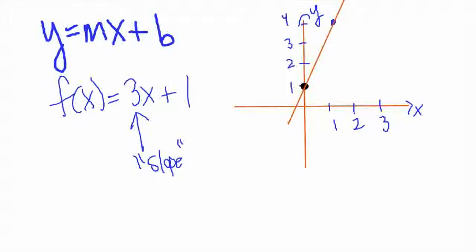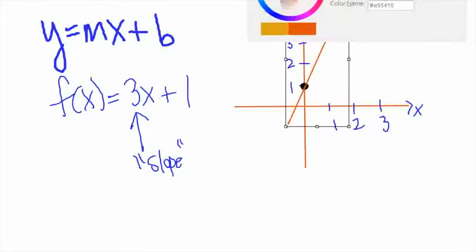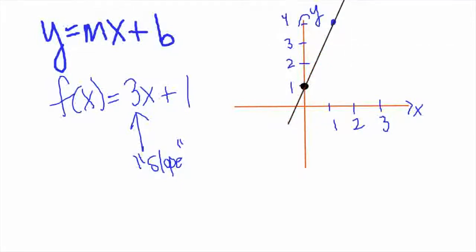Okay, let's do another example. Let's make that graph black. Let's say we had g of x equal to minus 2x minus 1. Alright, so what's going to go on with that one?